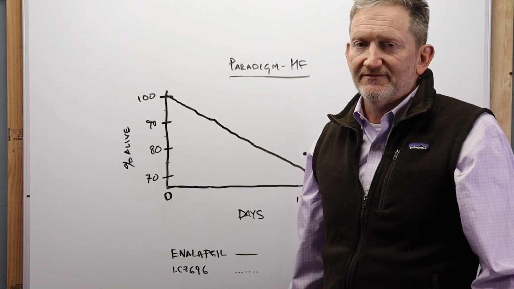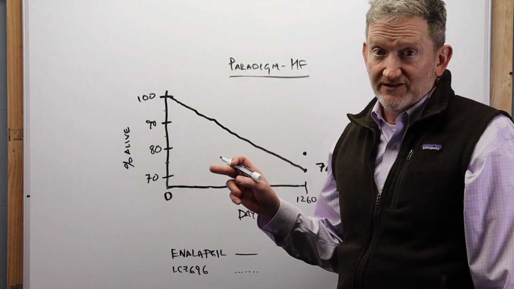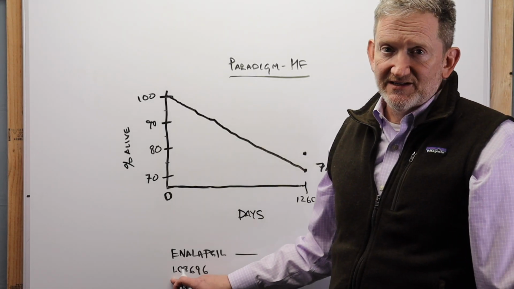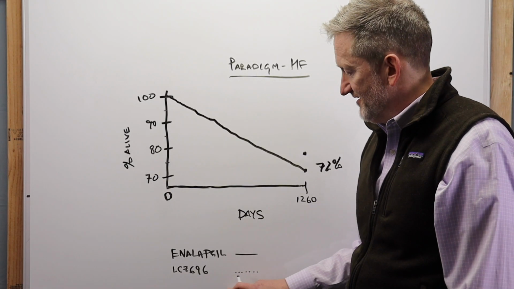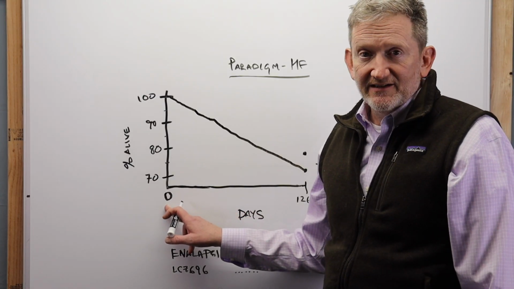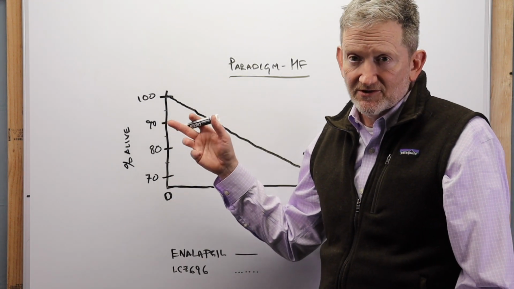That's the first half of the trial, although the trial also had a second arm. Those patients took this new medicine, LCZ 696. On day 0, at the beginning of the trial, 100% of those patients were also alive.